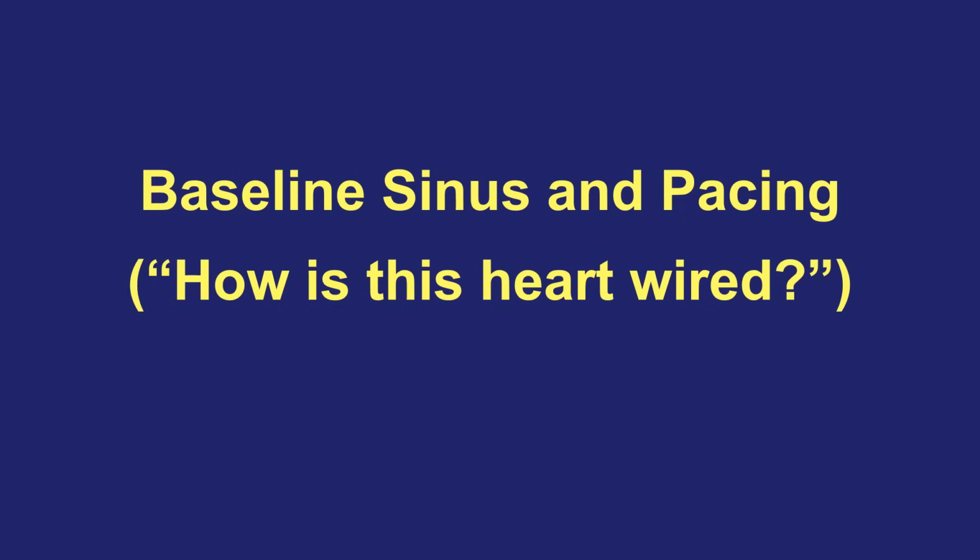So the first question when we get to the EP lab to diagnose a supraventricular tachycardia is to ask whether there is abnormal anatomy present, or how is this heart wired.